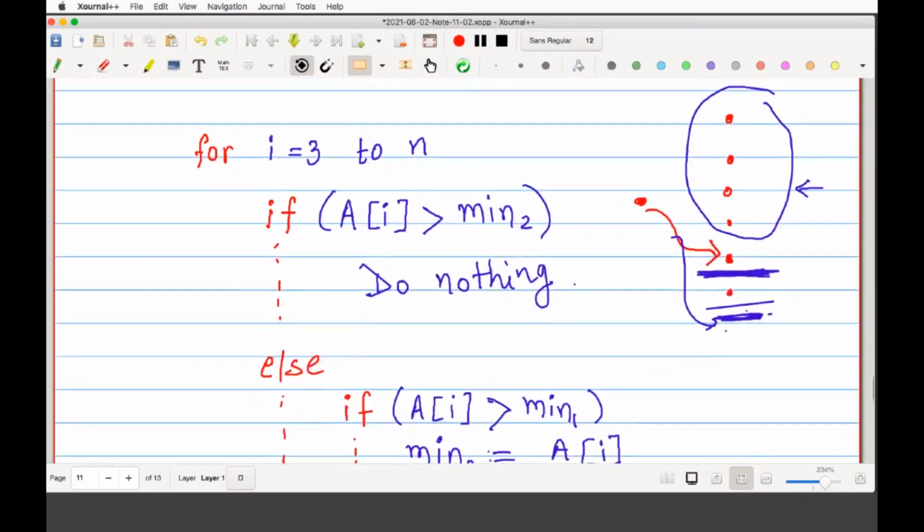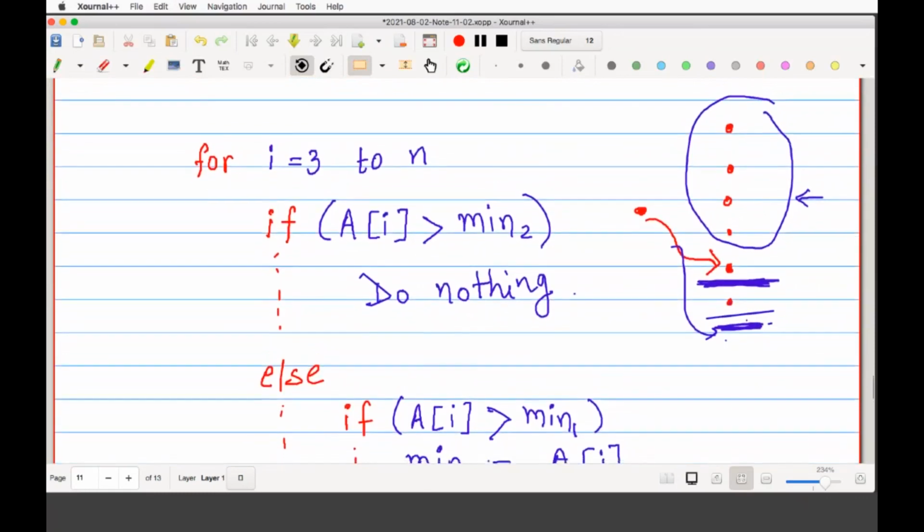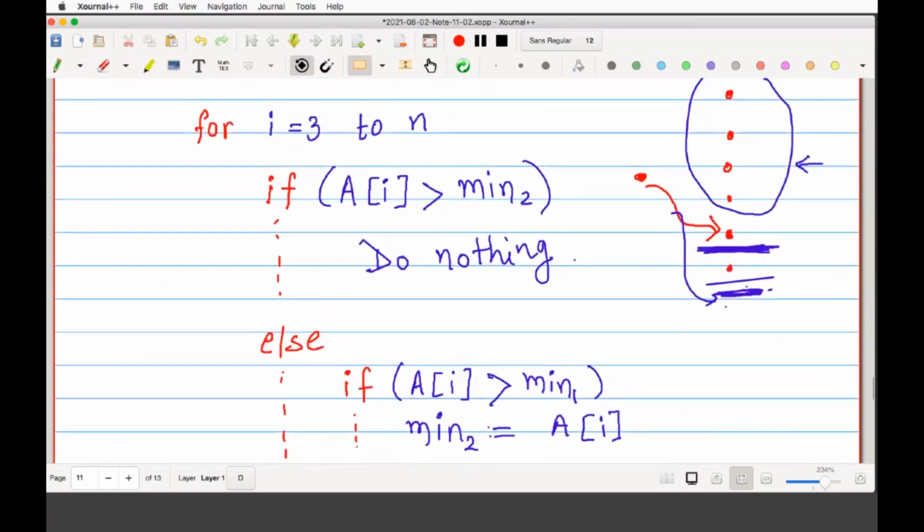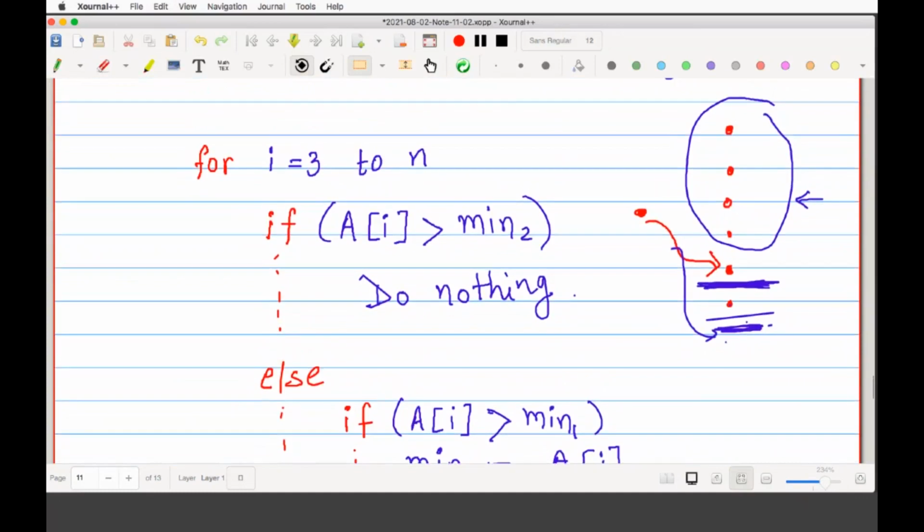Okay, so now the algorithm looks in good shape, right? In the ith iteration, if Ai falls in this range, above minimum 2, that looks like the good case for us, because we are doing nothing in that case.